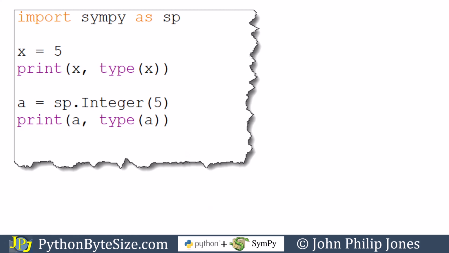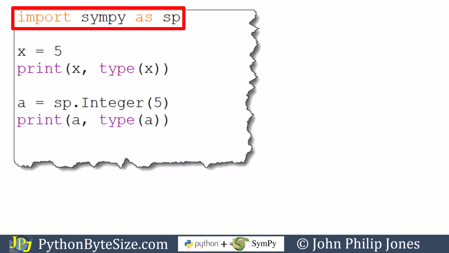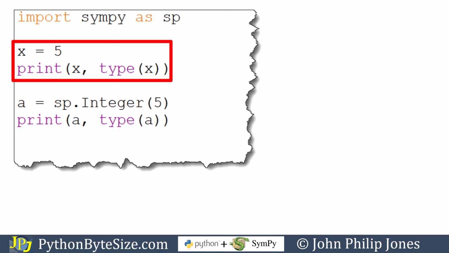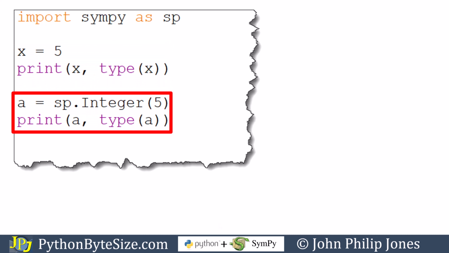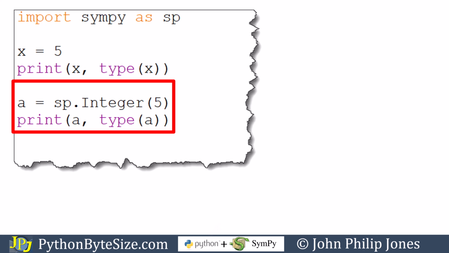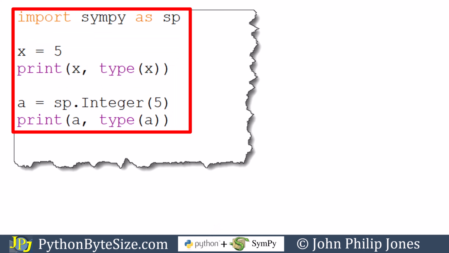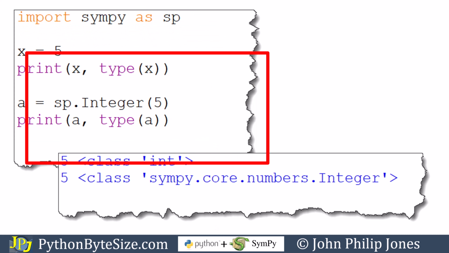You can see I've essentially merged the last two programs. I'm importing SymPy because that's going to be used in the program. This is where I use the integer that belongs to the Python programming language, and this is where I use the integer that's defined in SymPy. So when this program executes, we will get the following runtime.